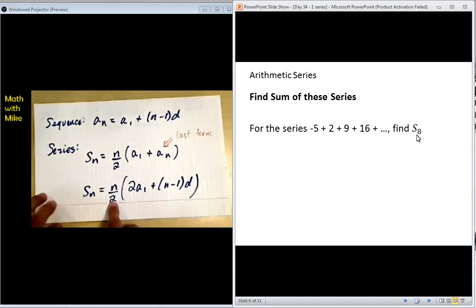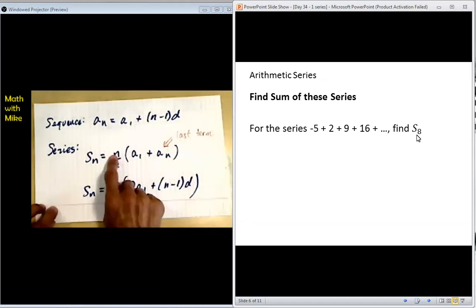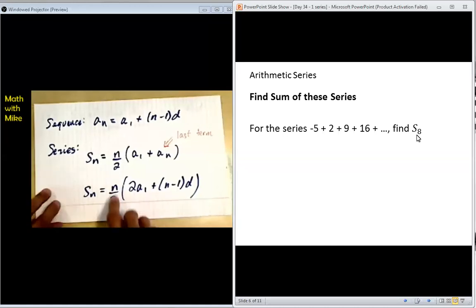Or how many terms? It says S8, right? So we're looking for the first 8 terms. So that means n will equal 8. That's right. So we have this in both equations. A1's the first term. So we got both of those.